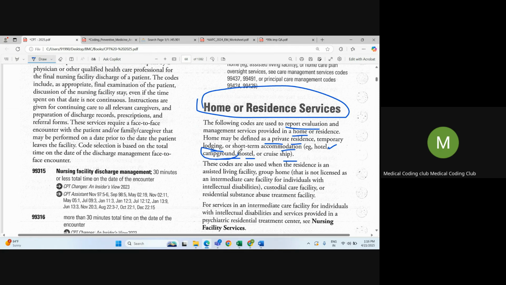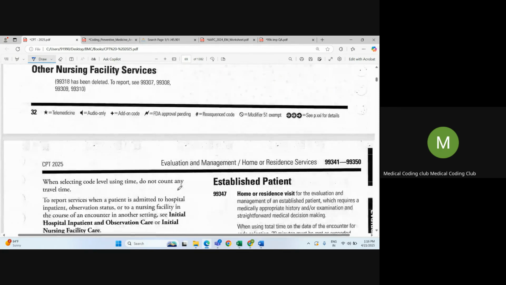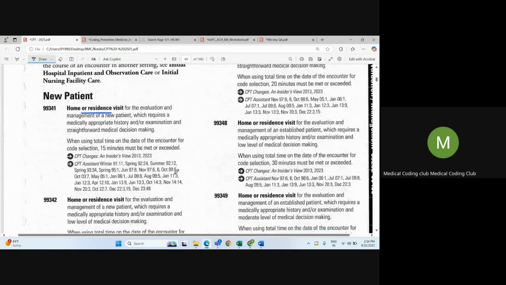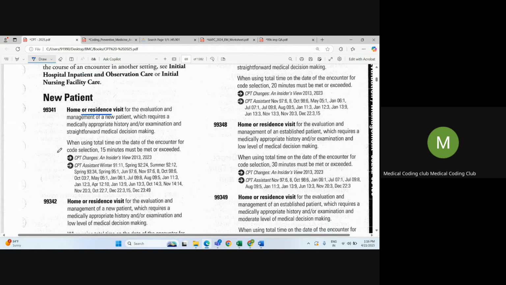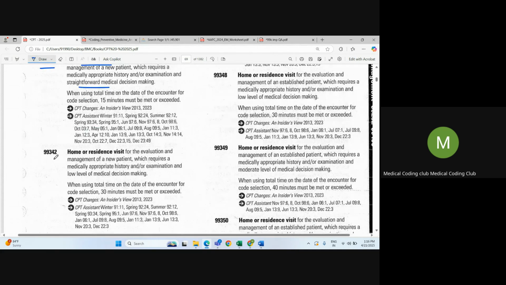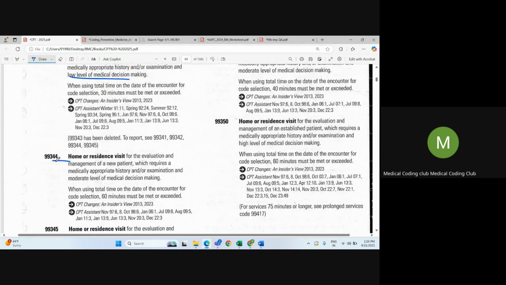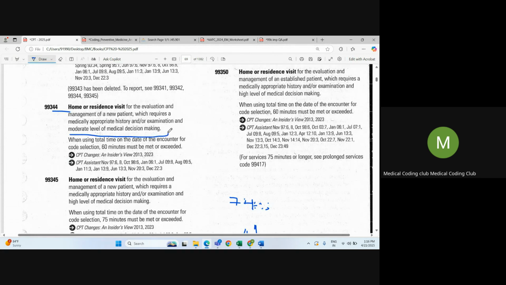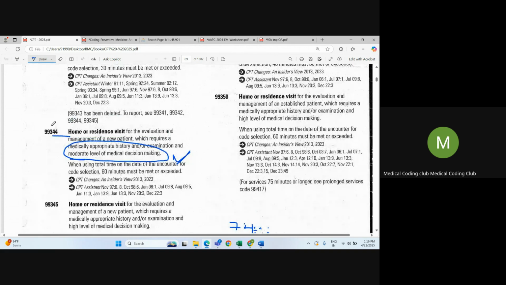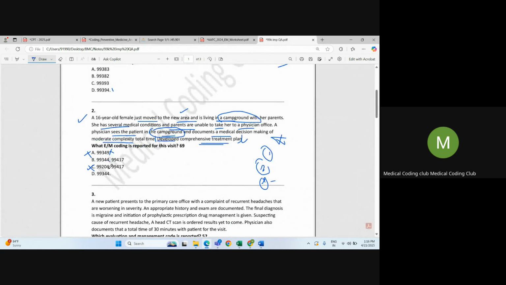So we have a campground, so this is a home or residence service. I have already told you the patient is a new patient, so let's check the new patient codes. 99341 is straightforward medical decision making, 99342 low level, 99344 moderate level of medical decision making. So easy, our answer is 99344. Option D is the correct answer.